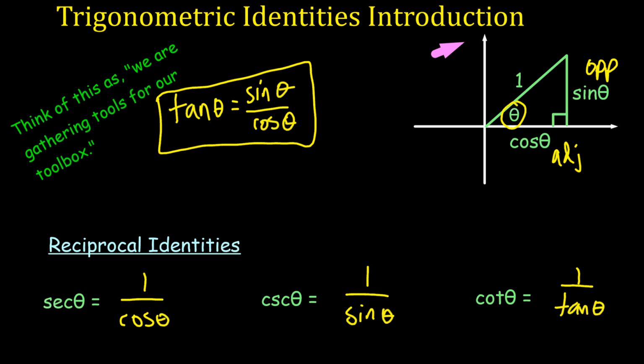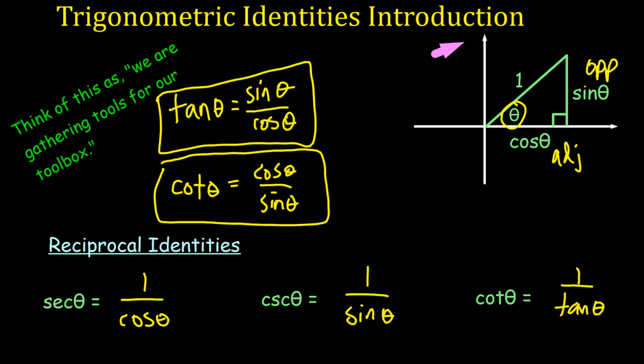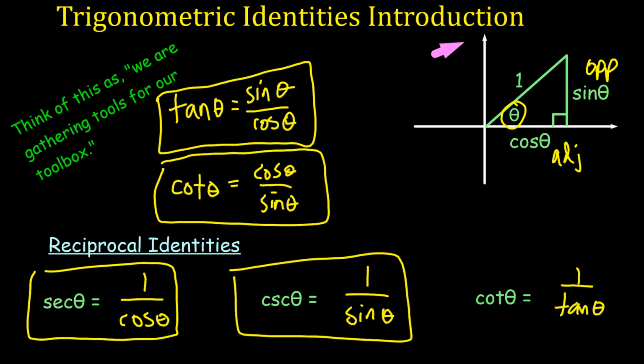If it's the reciprocal of tangent, then it's also tangent flipped, so cotangent is cosine of theta divided by sine of theta. So these are 5 tools for our toolbox. We have 3 reciprocal identities, and then 2 other identities, tangent and cotangent.